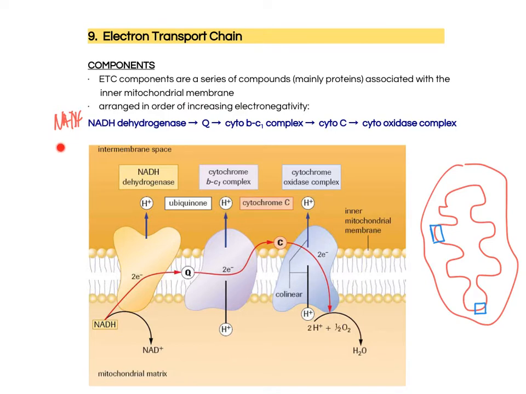Oxidation, you'll remember, means losing electrons. Let me just remind you of that. Losing electrons is oxidation, and gaining electrons is reduction. So NADH will have its little electron and it's holding on to it, but it can't hold on to it very long at the beginning of the electron transport chain. Why? Because NADH dehydrogenase is more electronegative and can easily grab its electron.